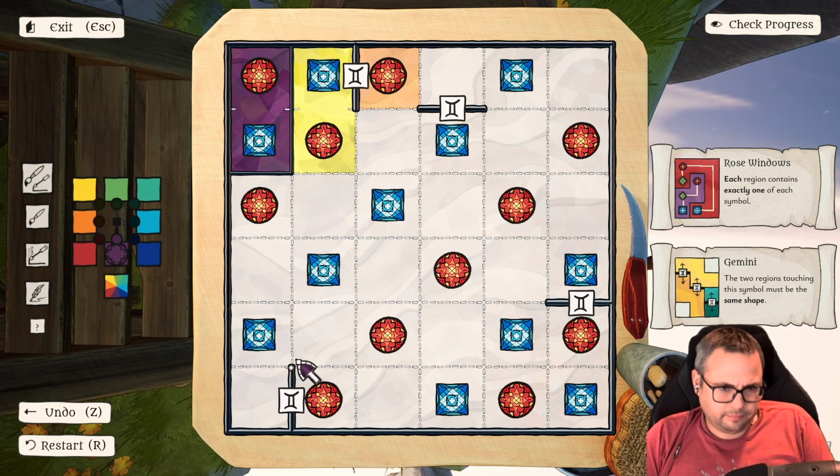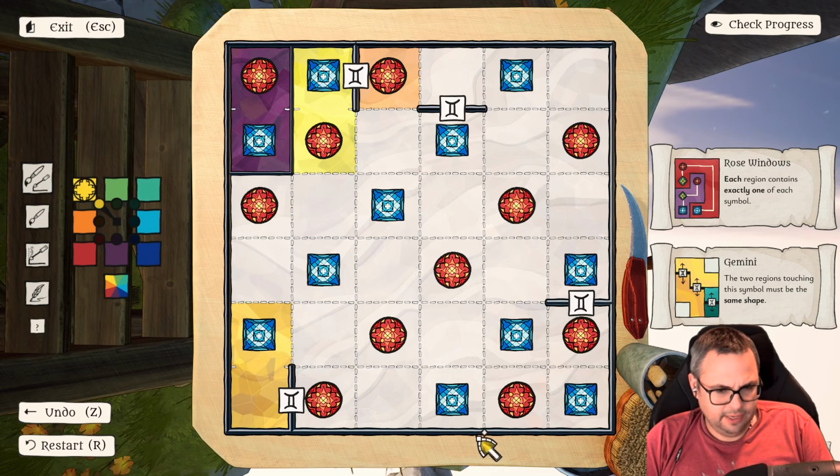Let's start another yellow down here, I guess.